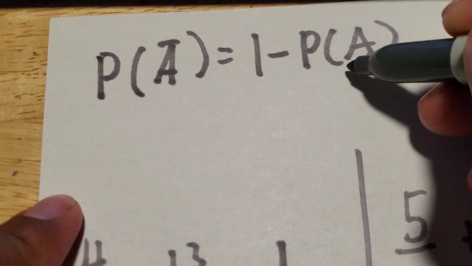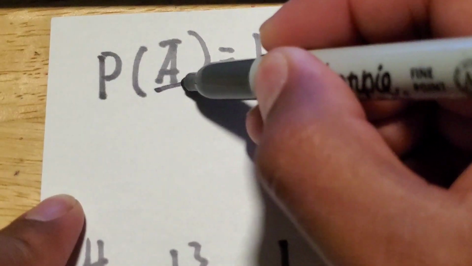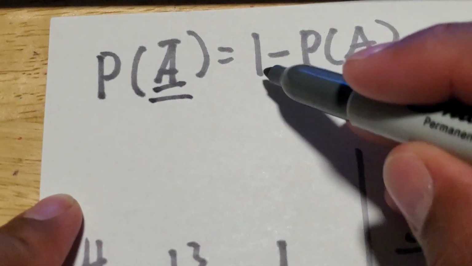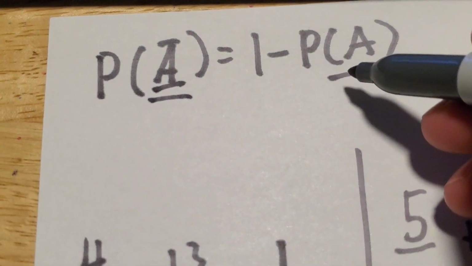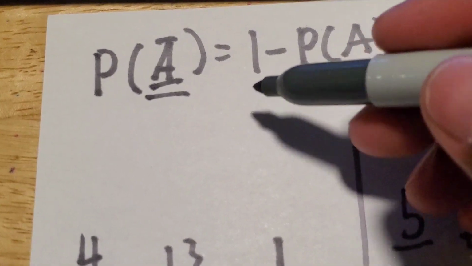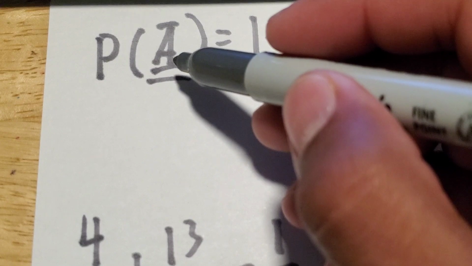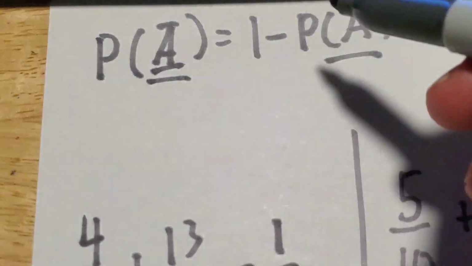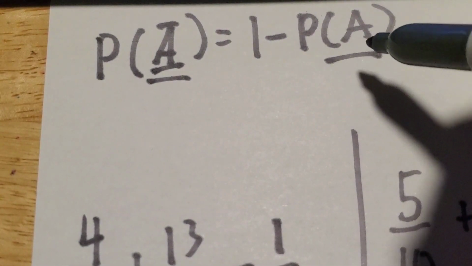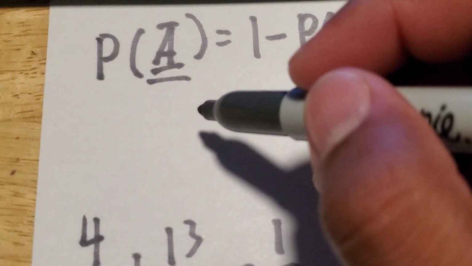So this is the probability of getting someone that sleepwalks. This is the probability of someone that has not sleepwalked. It's just 1 minus the probability that has sleepwalked. So if you're trying to find the probability of getting someone who has not sleepwalked, it's going to be 1 minus the probability of someone who actually has sleepwalked, because they're complements of each other.